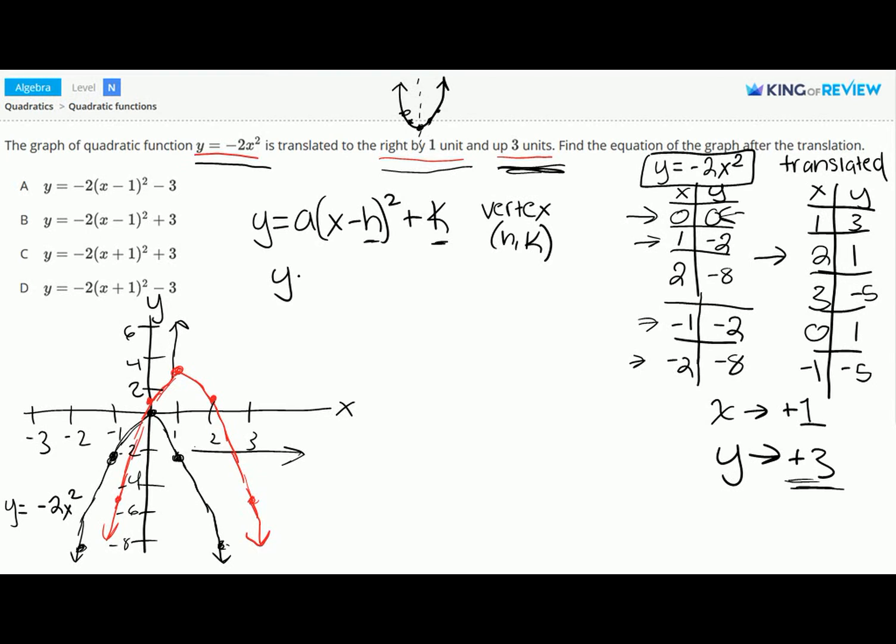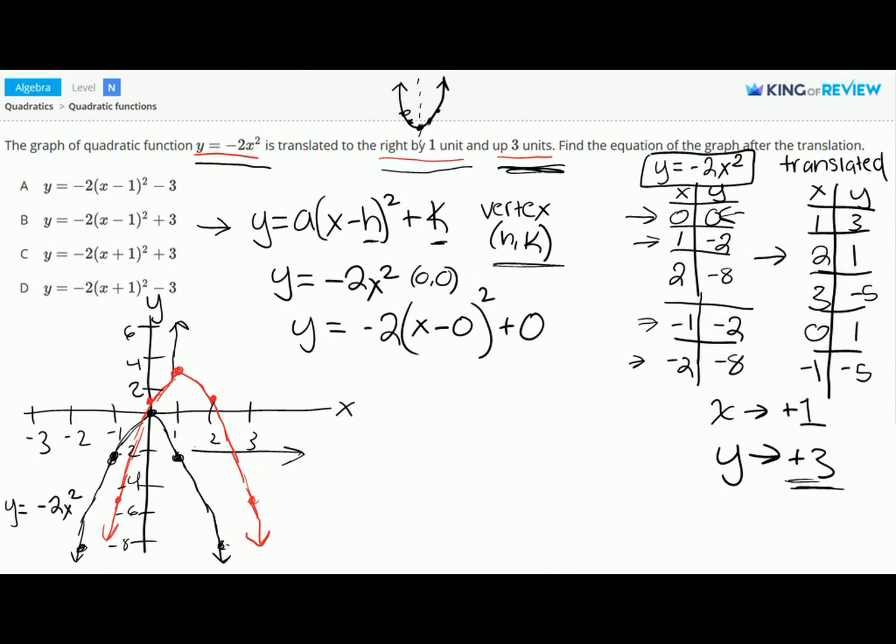We have y equals negative 2x squared. And when we write this in this format, we have y equals negative 2 times x minus 0 squared plus 0. This is because the vertex for our parent function was at 0, 0. So our h, k, which is our vertex, is 0, 0.